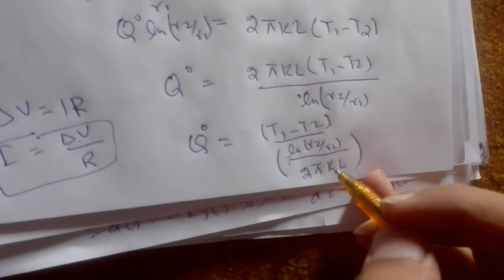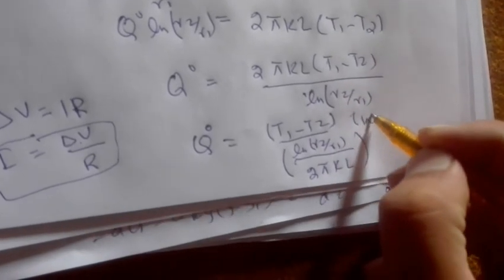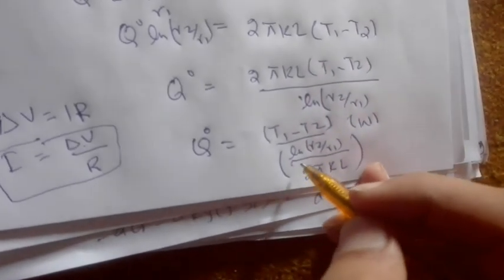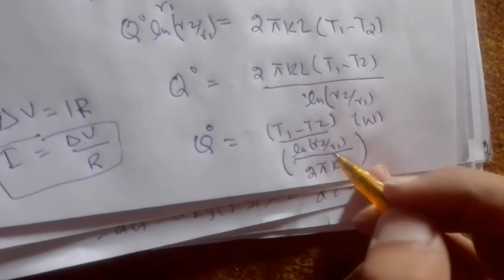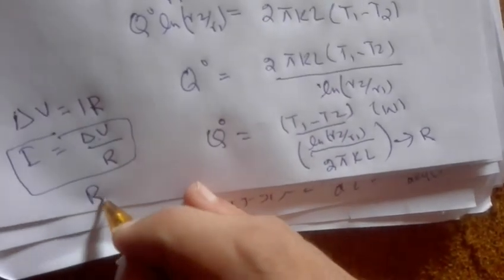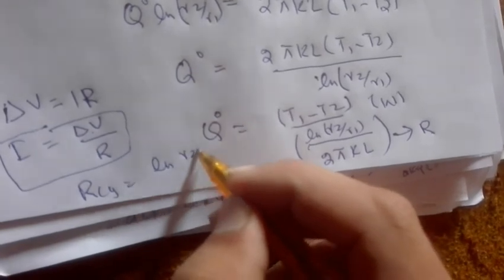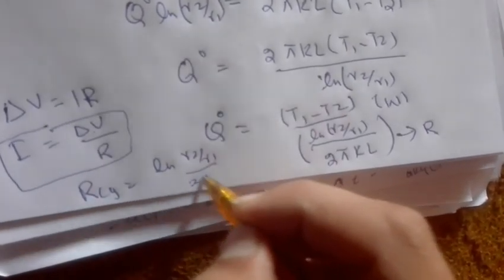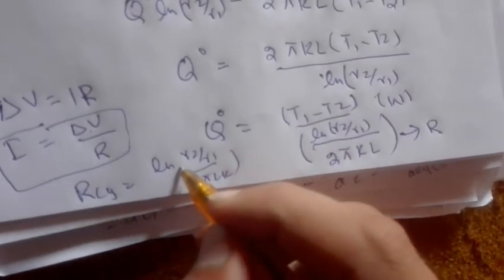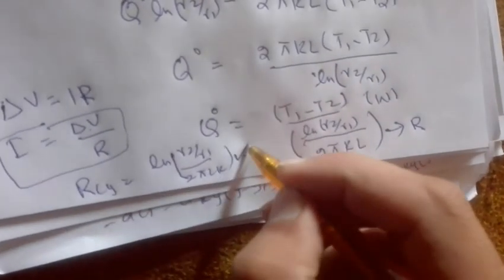K is the thermal conductivity of the cylinder, L is the length of the cylinder, and Q is the heat rate in watts. So the resistance for a cylinder is equal to ln R2 by R1 divided by 2 pi KL. This is the resistance to heat transfer in a cylinder.